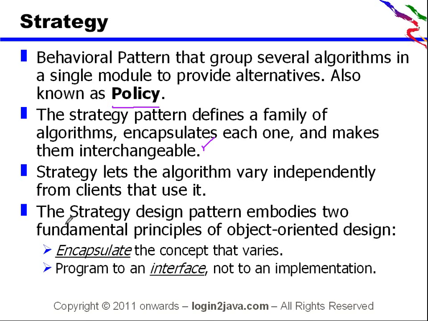The strategy design pattern embodies two fundamental principles of object oriented. What are these two fundamental principles that strategy actually uses? Encapsulate the concept that varies, and program to an interface, not to an implementation.